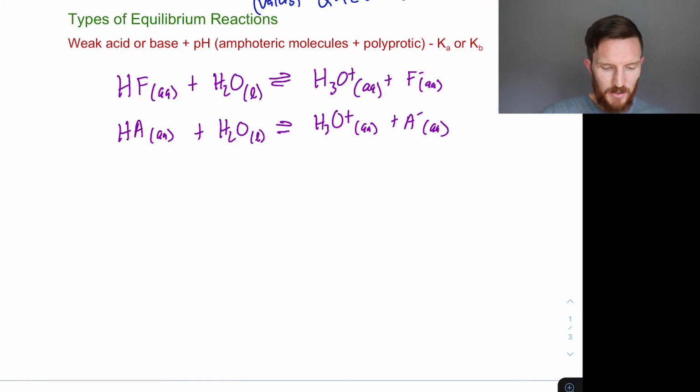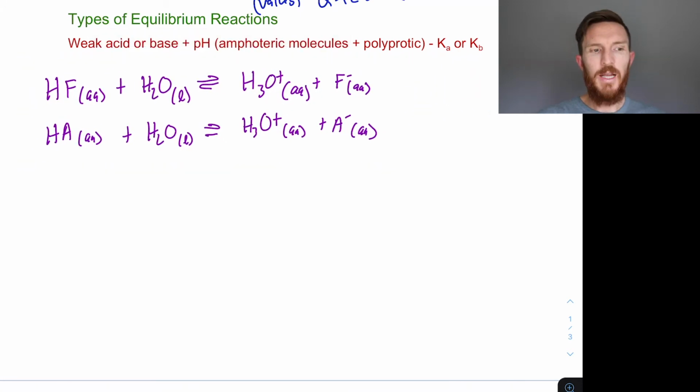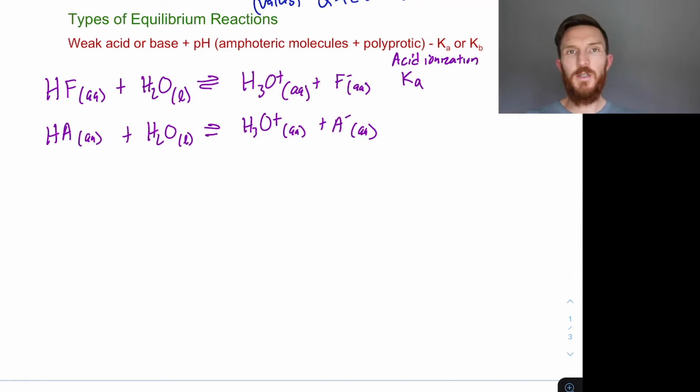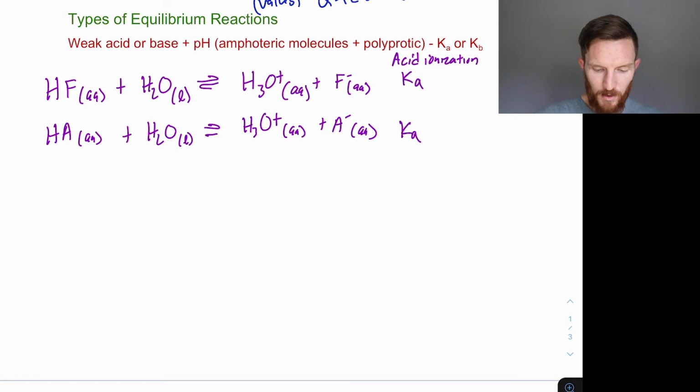So we have these expressions here, and we see that we have the ability to relate our equilibrium to a specific reactant or product. This is what we call our acid ionization equilibrium constant. We have our acid undergoing ionization, so that would be our Ka. And we could write that for either one of these. So we could say the Ka for HF is going to be equal to our products divided by our reactants.